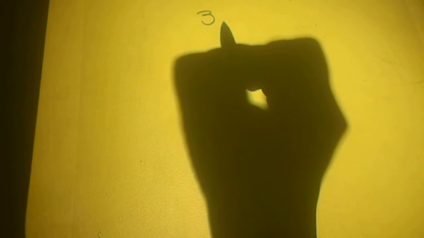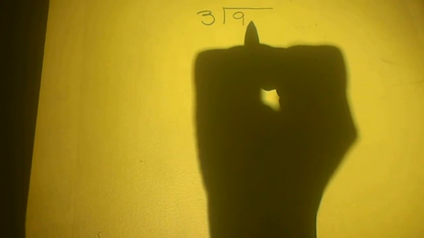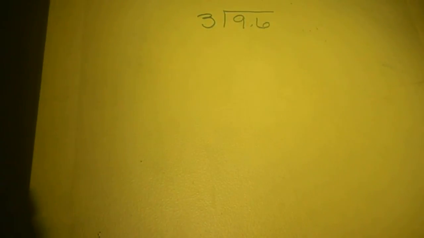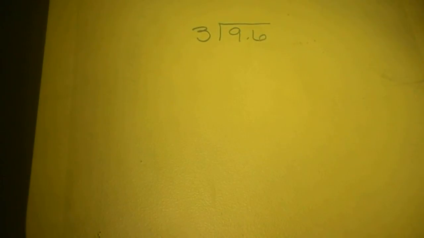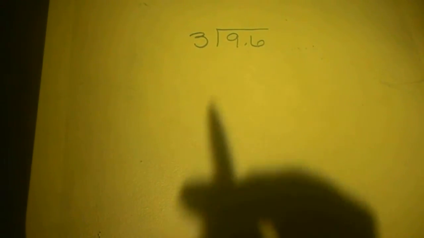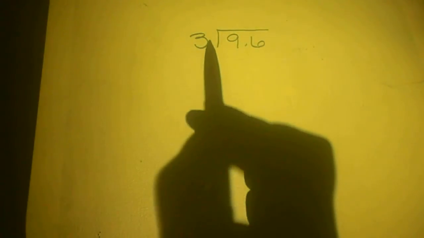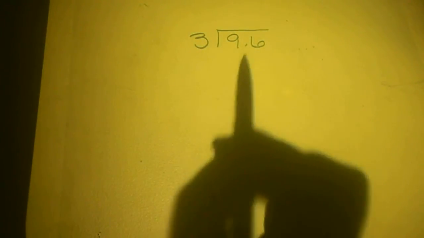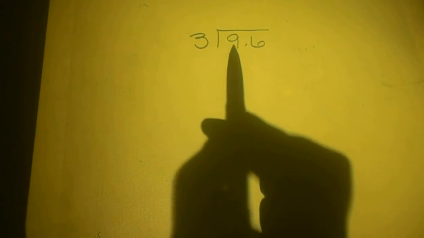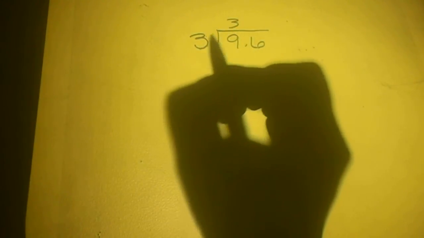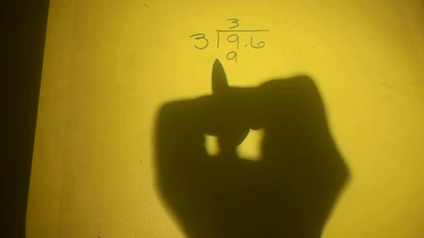I'm going to do problem 1 first. Problem 1 was 9.6 divided by 3. There's no decimal on the outside of the division, so we're just going to do the division as is. 3 goes into 9 3 times. 3 times 3 is 9.